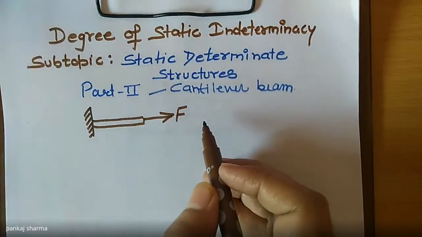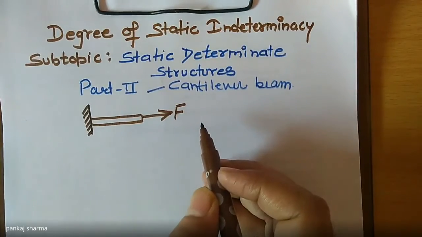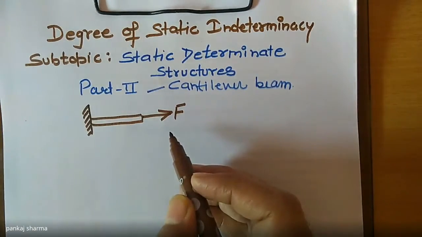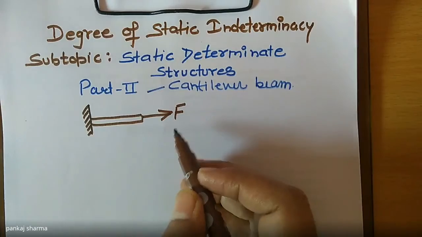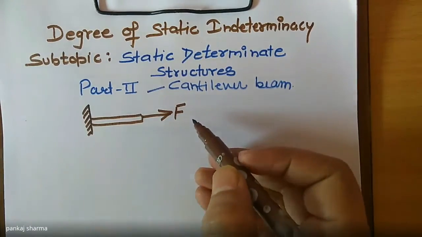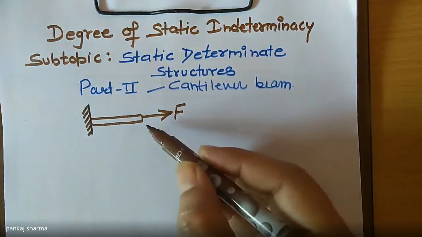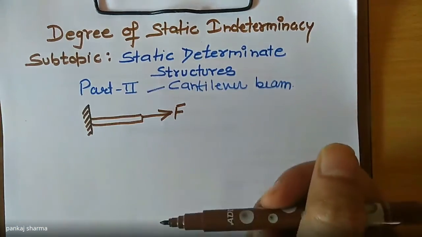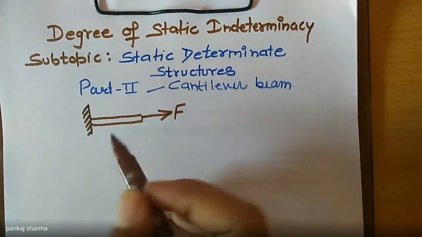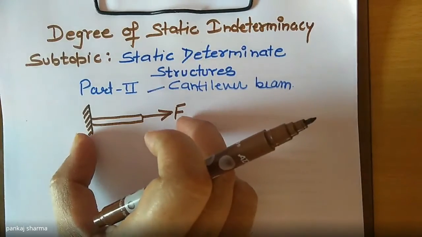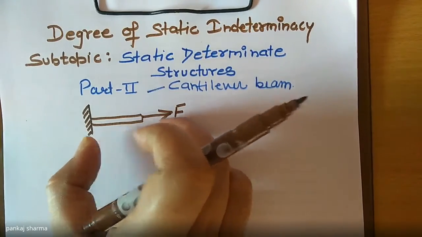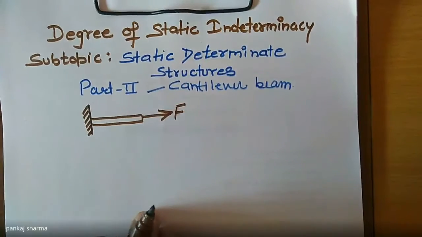Now, we just want to calculate the degree of static indeterminacy, or simply we want to check whether this structure is statically determinate or not. The first problem is just to check whether this beam is a statically determinate structure or not.